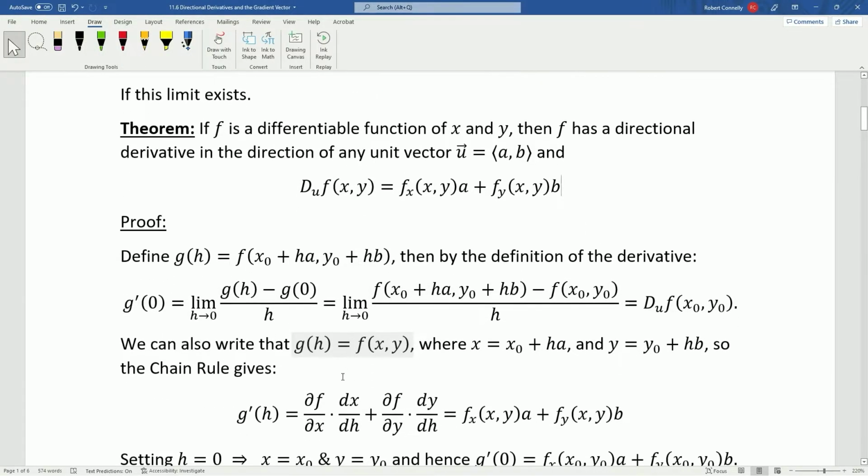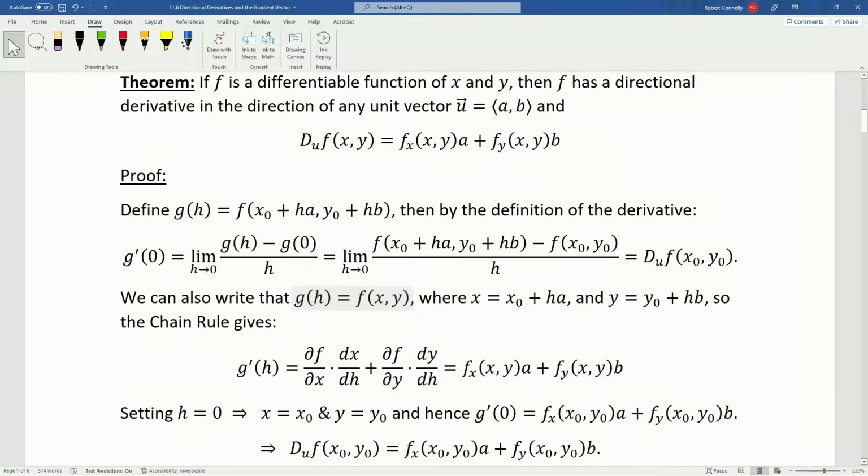Okay, so now let's also express this function g of h equal to f of x, y. So now we're treating these two functions as being equal, where x is x naught plus ha, and y is y naught plus hb.